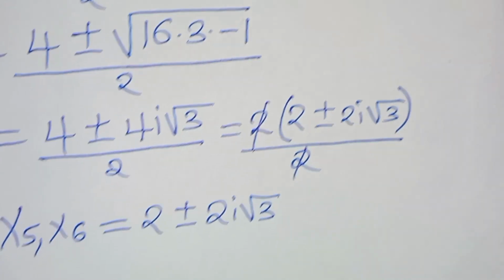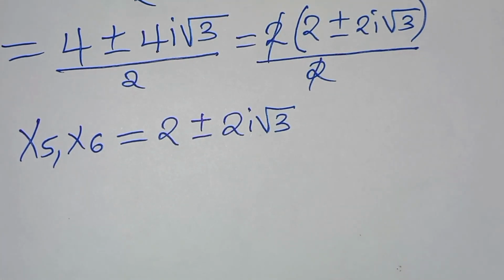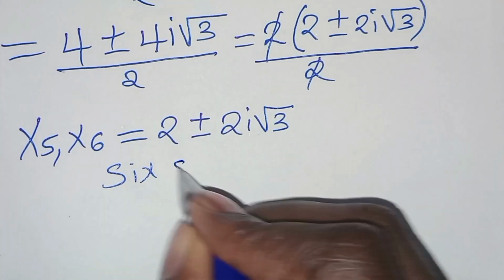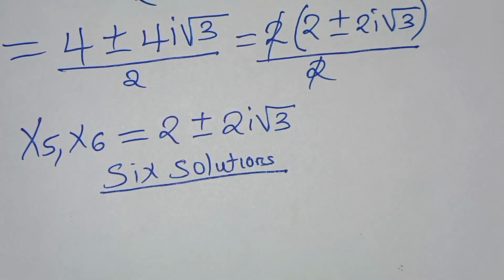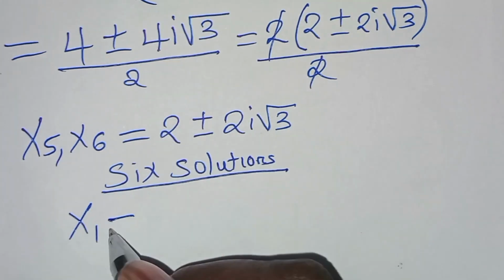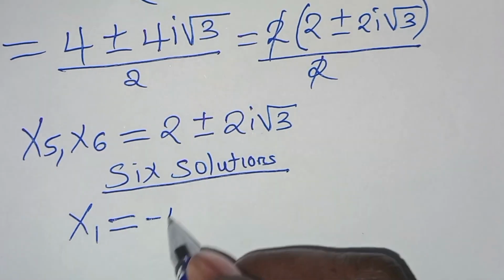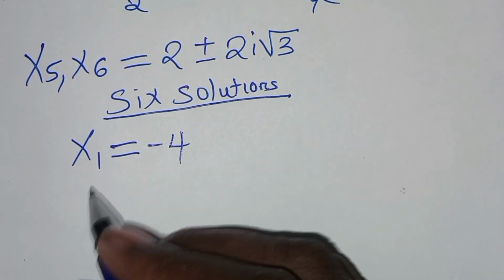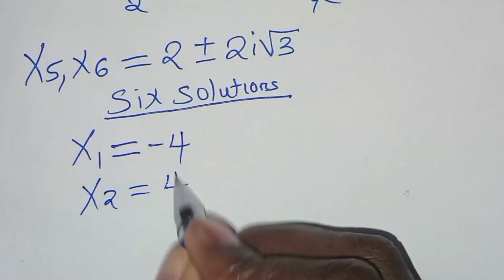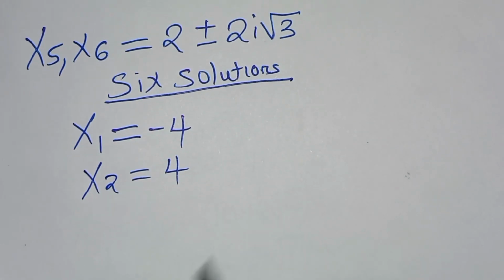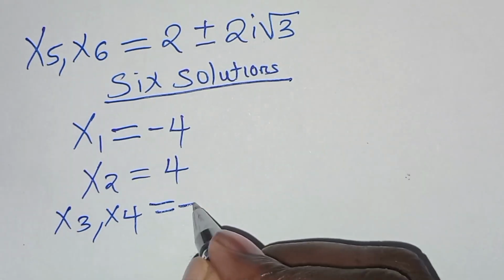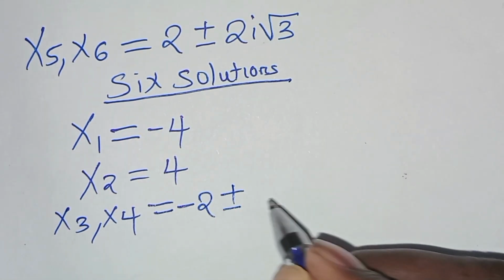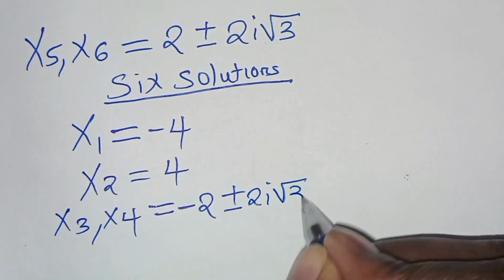So this implies that we have 6 solutions to this exponential problem. From this problem, we have x1 equal to negative 4, x2 equal to 4, then we have x3, x4, which is equal to minus 2 plus or minus 2i square root of 3.